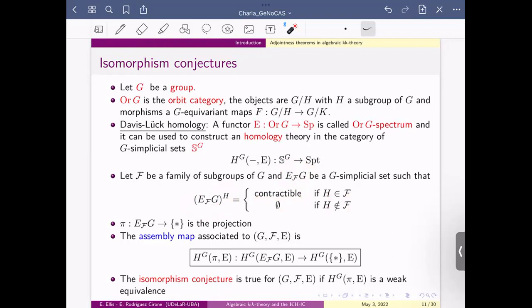Then we have the projection of this simplicial set to the trivial one, and the assembly map associated to this triple is this homology applied to this projection. The isomorphism conjecture for this triple is true if this map of spectra is a weak equivalence.